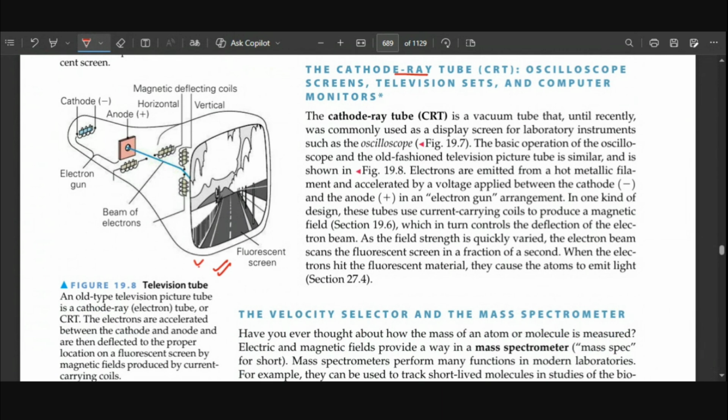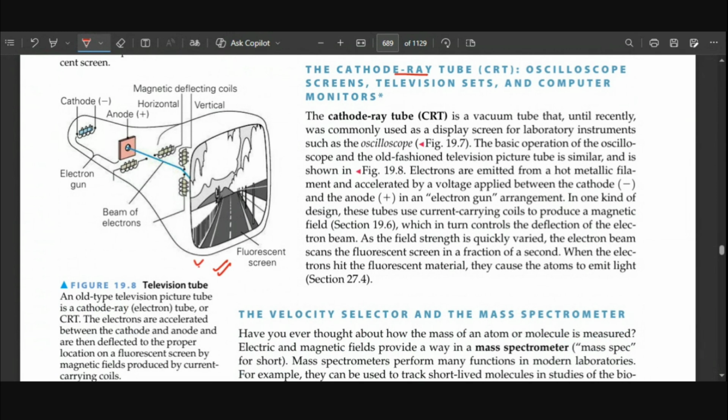So this was the best invention we had at that time: visualizing something and then watching it in real motion. That was a big achievement for us at that time. First they came, and then somehow we got cameras and everything. Every advancement in real life is because of magnetism.